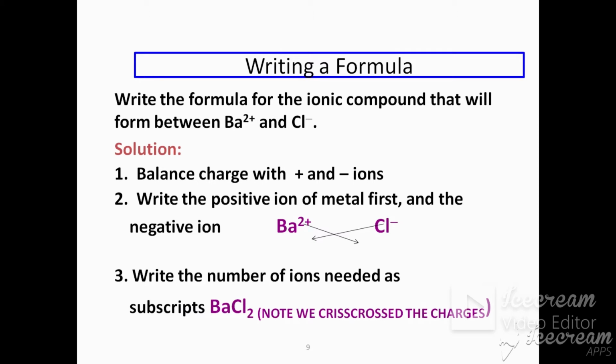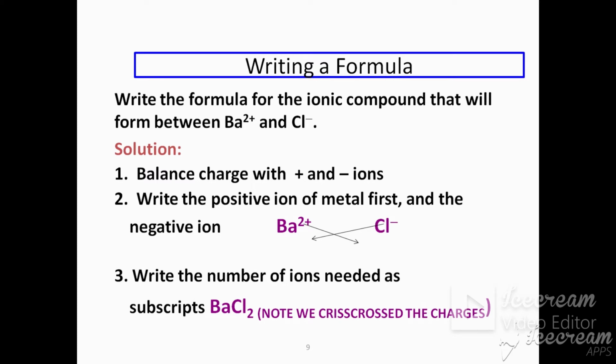Writing a formula. Write the formula for the ionic compound that will form between Ba and Cl. Solution. 1. Balance charge with plus and minus ions. Write the positive ion of the metal first and then the negative ion.